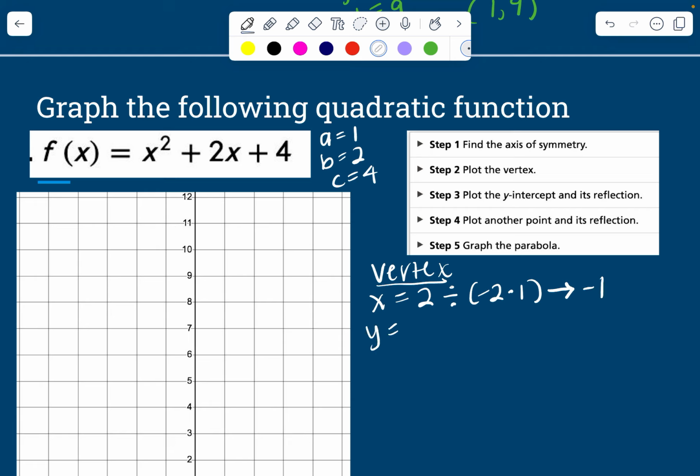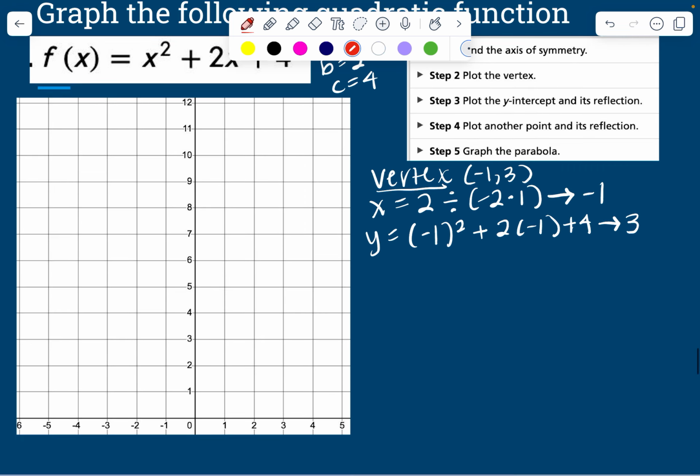For my y value, I'm going to plug negative 1 into my equation. Negative 1 squared plus 2 times negative 1 plus 4 gives us a y value of 3. So our vertex then is at negative 1, 3. I'll graph that. Draw in the line of symmetry.